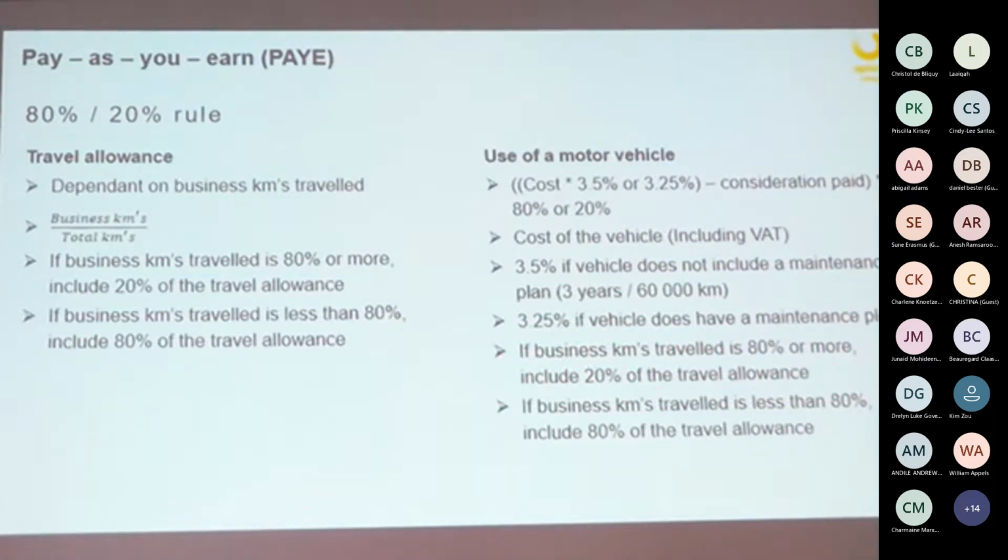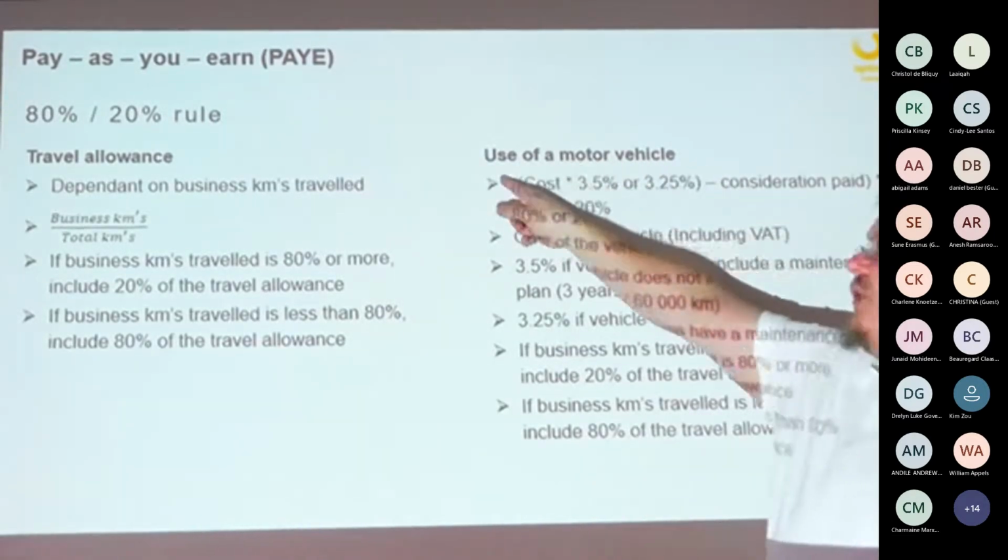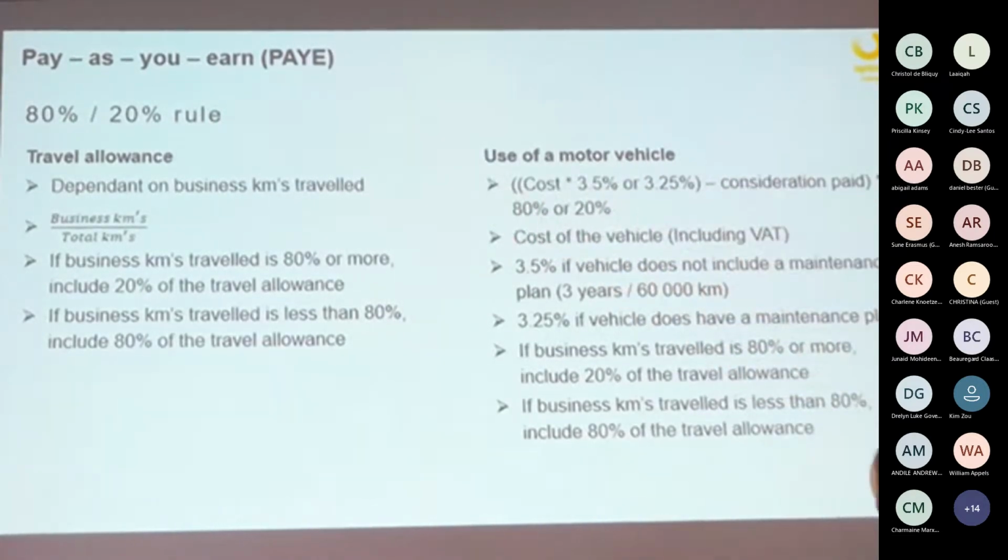It's the cost of the vehicle, including VAT, multiplied by 3.5% if there is no maintenance plan on the vehicle, or 3.25% if there is a maintenance plan on the vehicle, minus the considerations paid for the vehicle. This part, the determined value of the vehicle, is per month. It's 3.5% per month. Okay, cool.